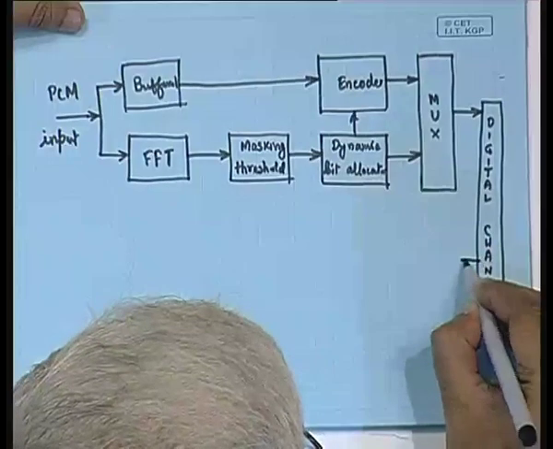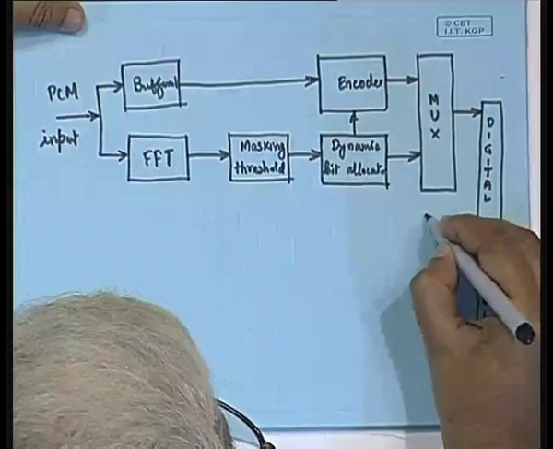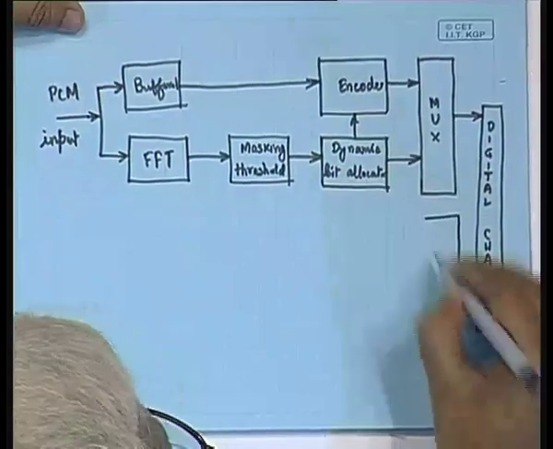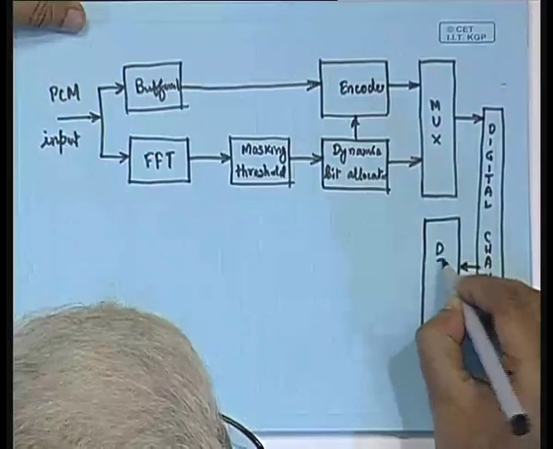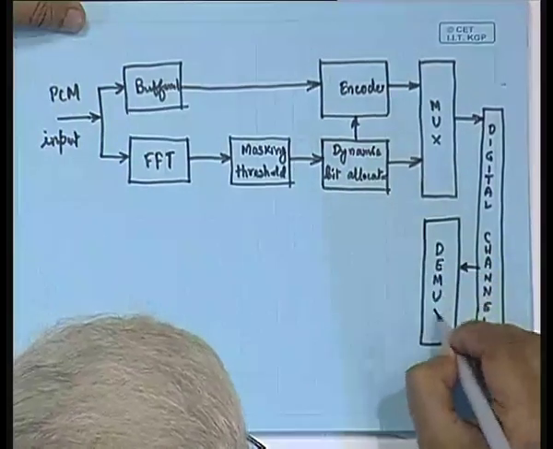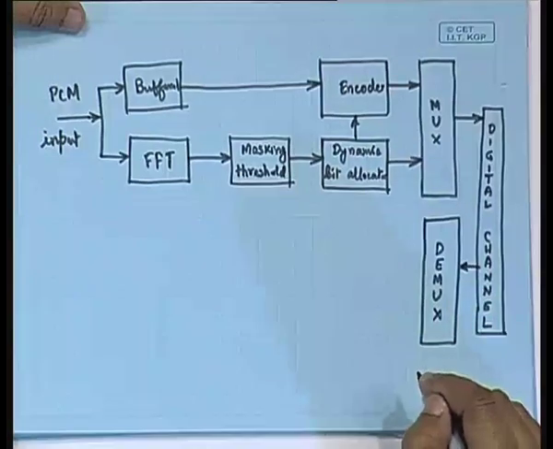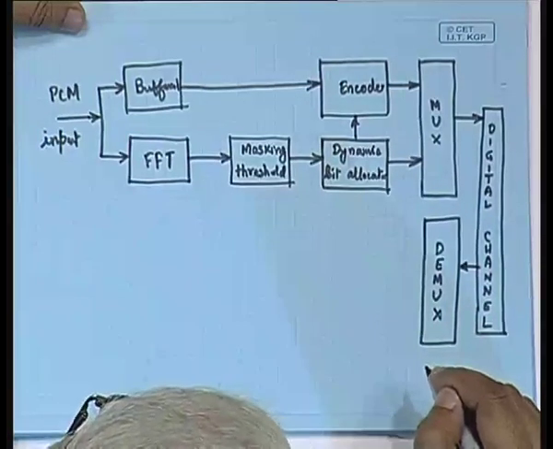Now, in the decoding process we have to do exactly the reverse of this. A decoder receiving the signal from the same digital channel has to start with a block performing demultiplexing.